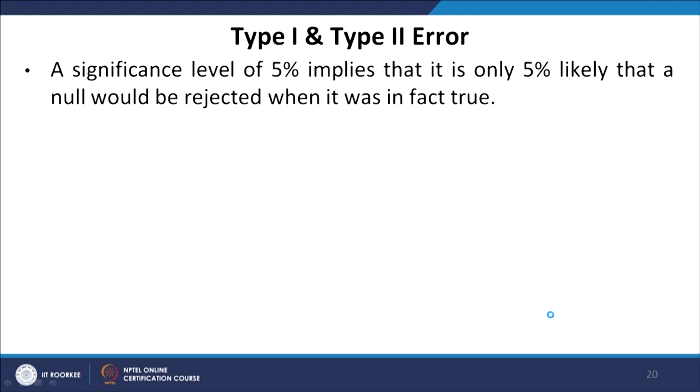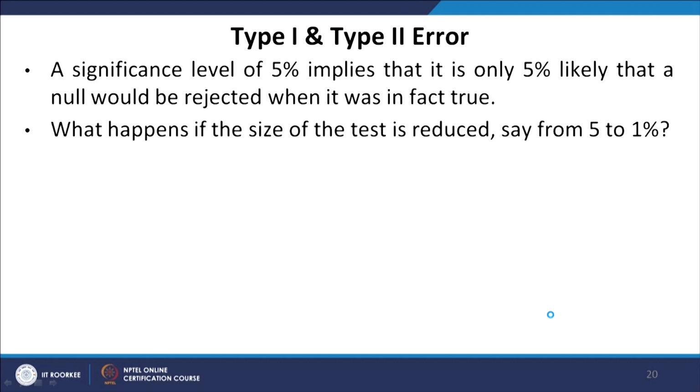A significance level of 5% implies that it is only 5% likely that a null would be rejected when it was in fact true. What happens if the size of the test is reduced, say from 5% to 1%?